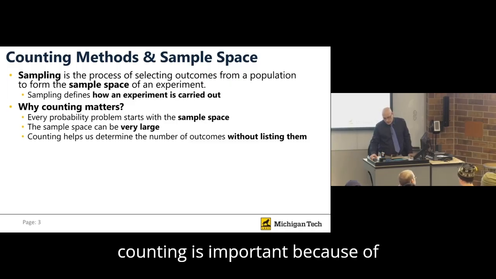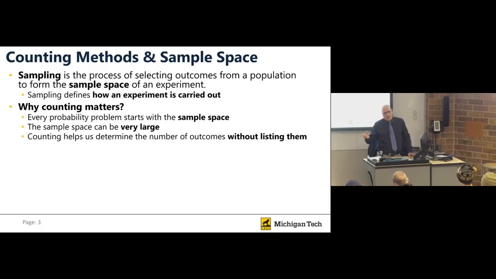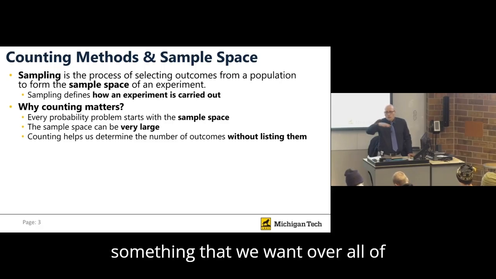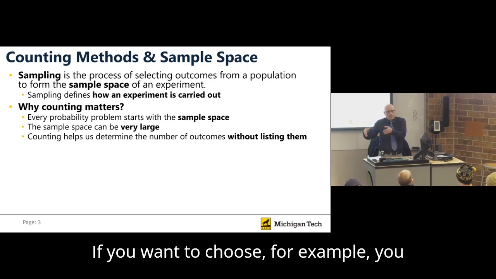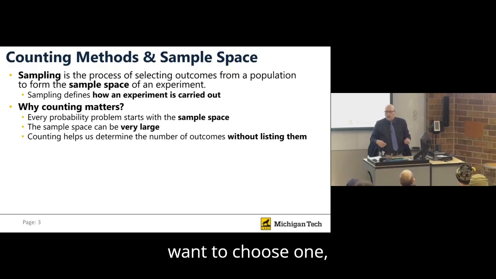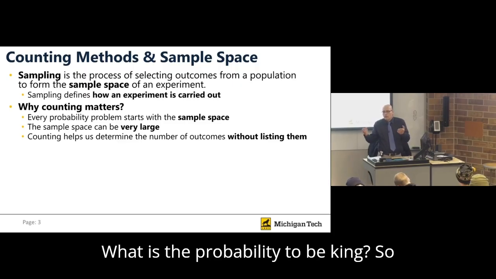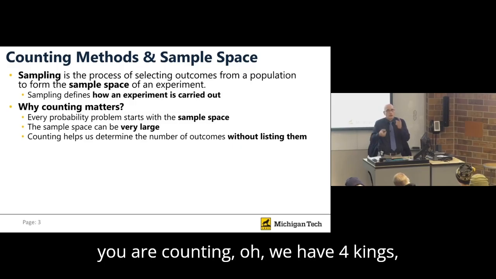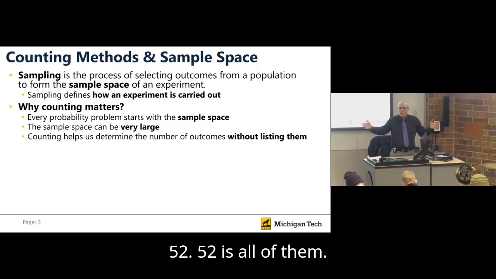And again, counting is important because of probability. Probability is always something over all of them. For example, you have 52 playing cards and we want to choose 1. What is the probability of it being a king? So you are counting: we have 4 kings, and 52 is all of them, so 4 over 52.